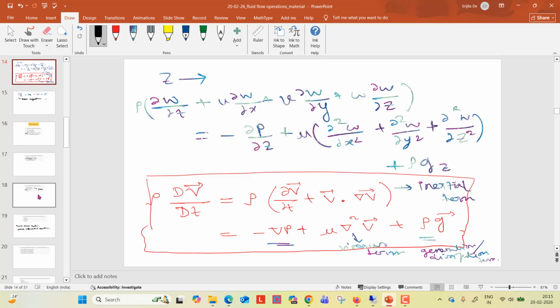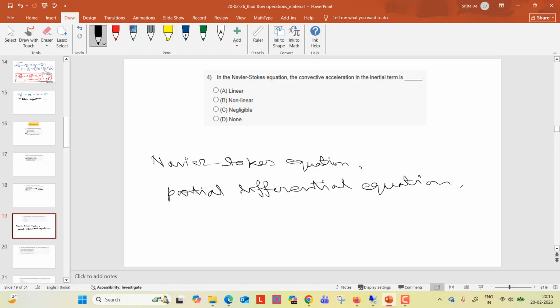So when can we say something is non-linear? When a dependent variable is in multiplication with another dependent variable or the same dependent variable, right? So this convective acceleration term is represented as u del u del x, suppose, or v del u del y, right? So u are the dependent variables.